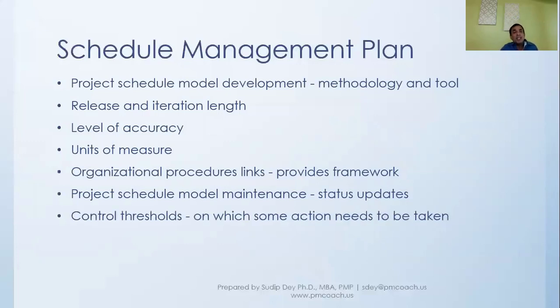Then there is an important point again, which is control threshold. Control threshold is that threshold or line; when we cross it, some action needs to be taken. For example, let's say the control threshold is 15 days. If there is a delay of 15 days, then we need to take some action. This is because we don't want to go through this whole process for every day of delay, every time there is a delay of 1 day or so.